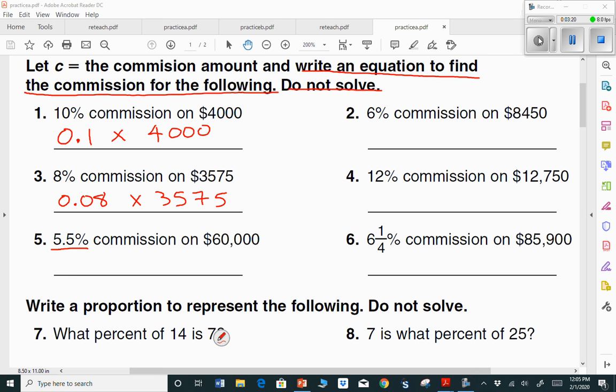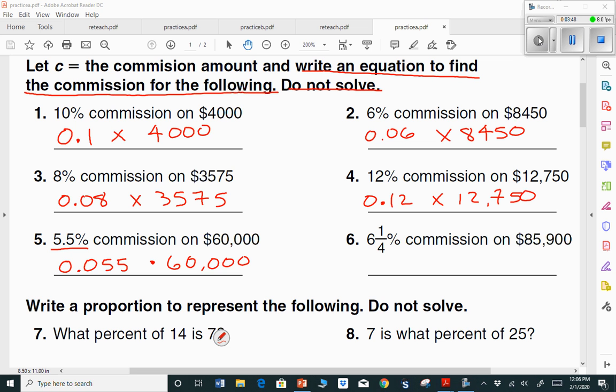5.5% as a decimal, 0.055 times 60,000. You guys should know how to change percents into decimals. You're just moving the decimal point back 2 places. So over here, 6%, 0.06 times 8450, 12%, 0.12. Now 6 1/4 is a little more interesting.